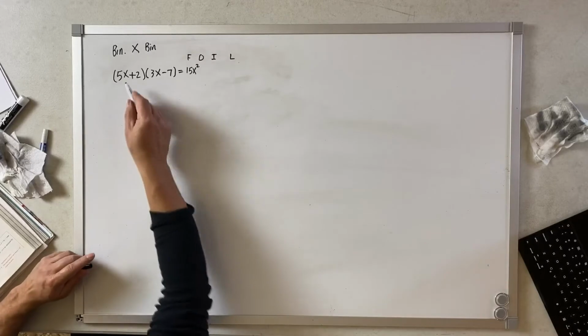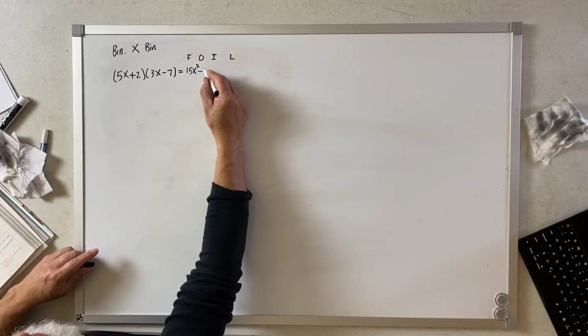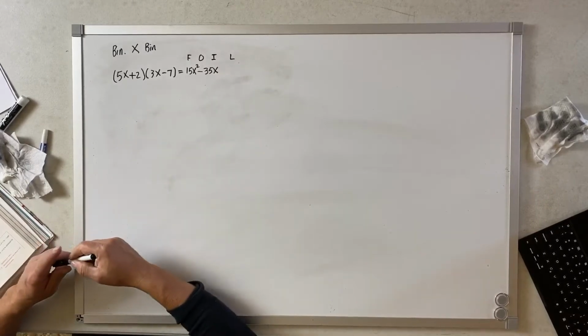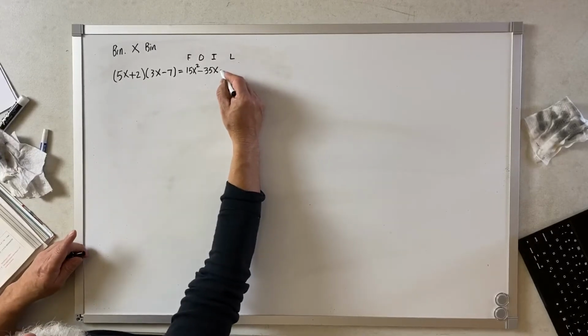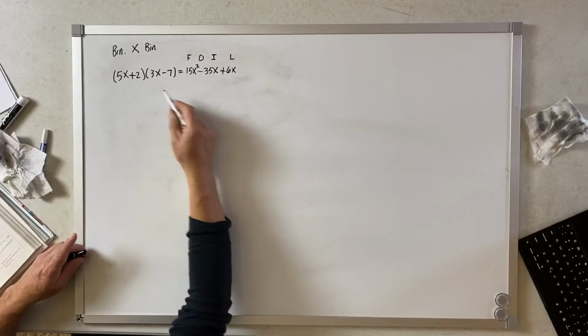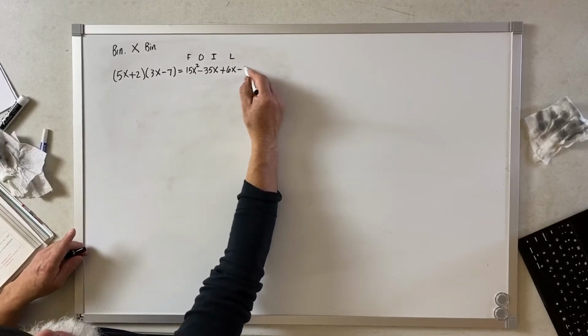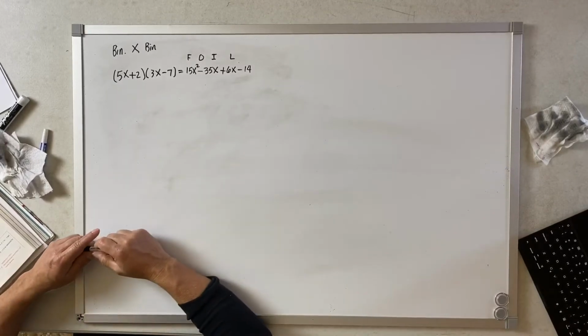Outer is 5x times negative 7, which is negative 35x. Inner is 2 times 3x, which is plus 6x. And last is 2 times negative 7, which is negative 14. So that's FOIL.